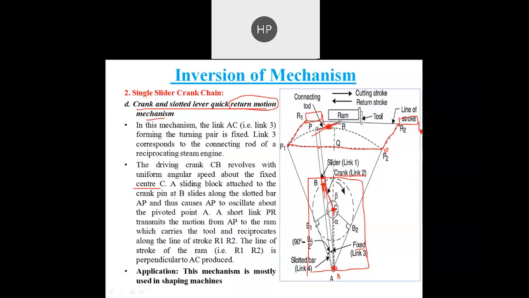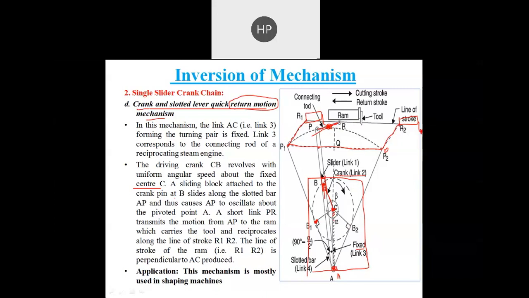As this crank rotates, the point P has a reciprocating motion like this, and accordingly the ram moves forward and backward. Suppose the crank is initially at point B1.